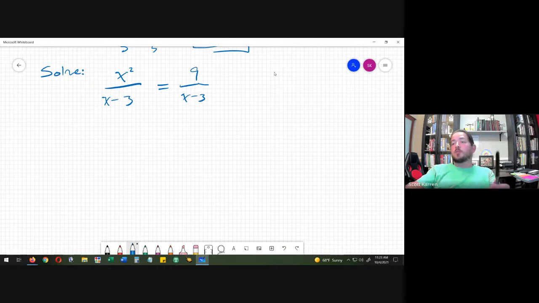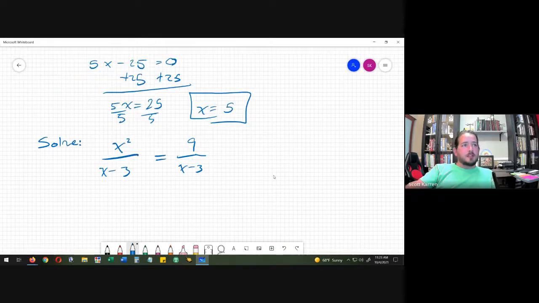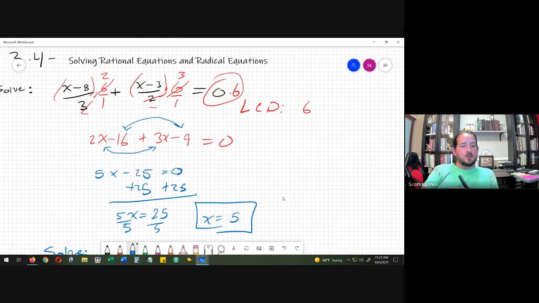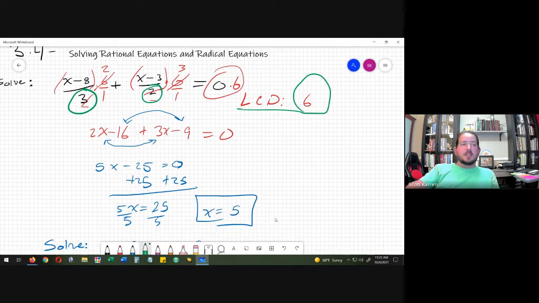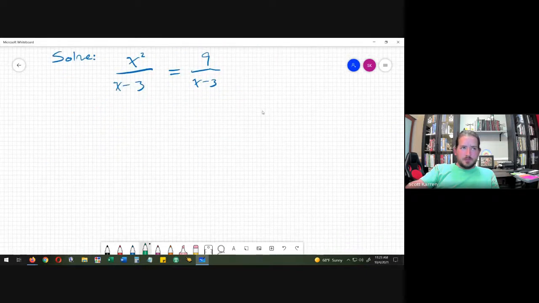In the previous problem, we had denominators that I wanted to clear. One was a 3, the other was a 2, and we came up with the lowest common denominator of 6. In this next problem, both of our denominators are the same, so my lowest common denominator is simply x minus 3.